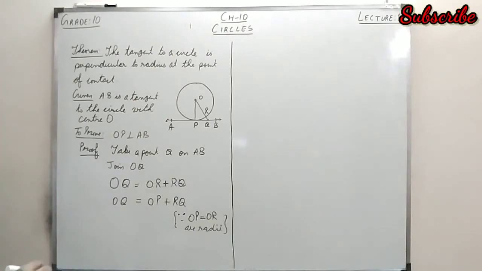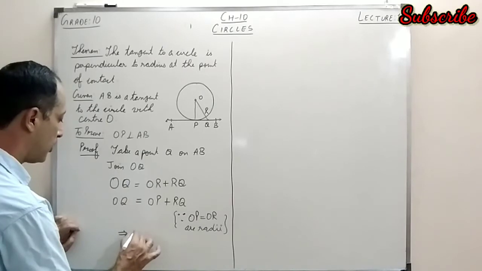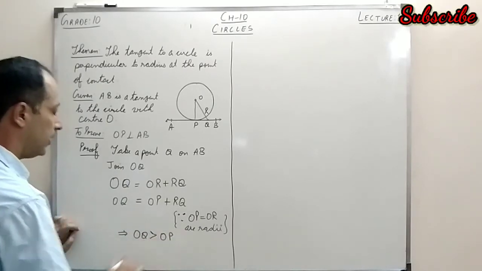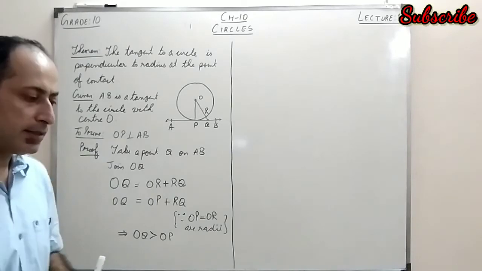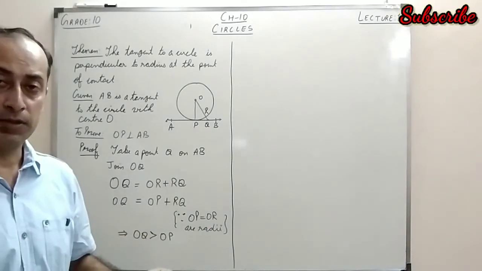Right? Now from here, what I can say is that OQ is greater than OP. We say if a positive number is a sum of two positive numbers, then that number is greater than both of the numbers.